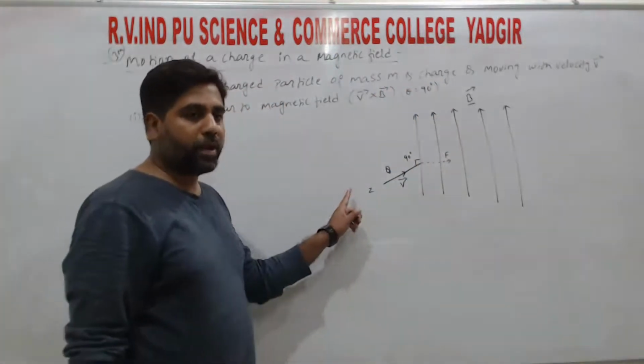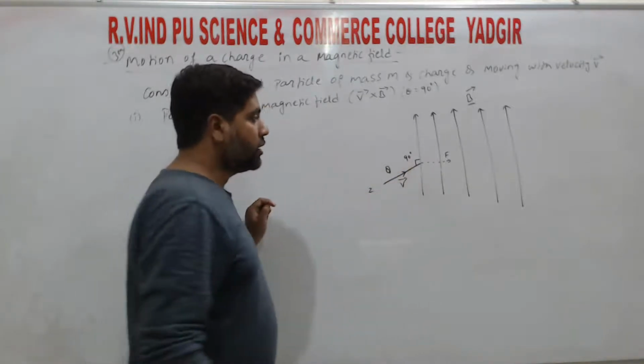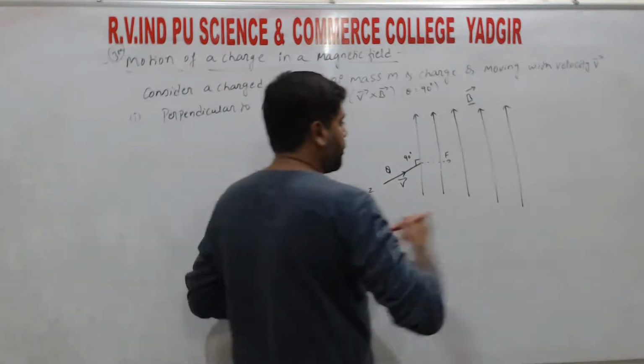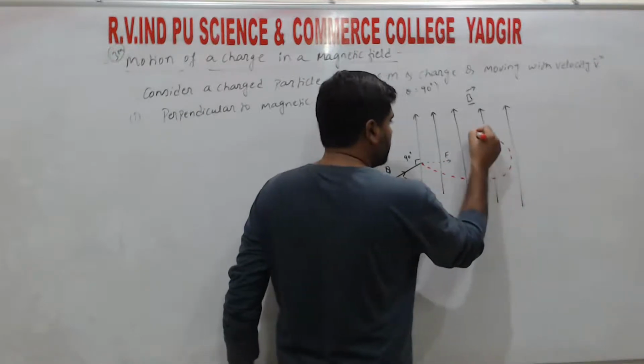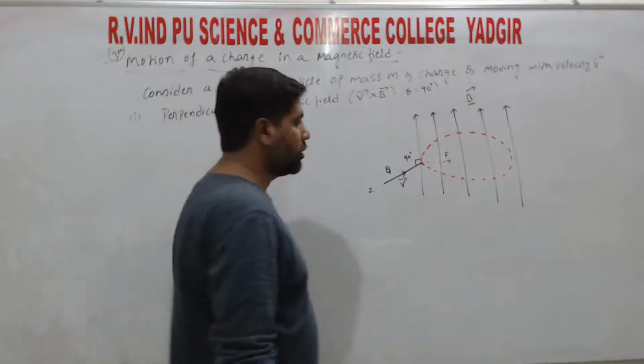The angle between v and B should always be 90 degrees. Then the charged particle will follow the circular path. Inside the magnetic field, the charge will follow the circular path.